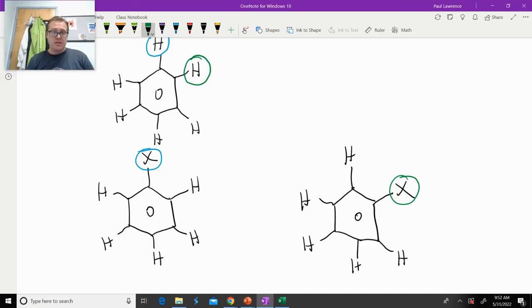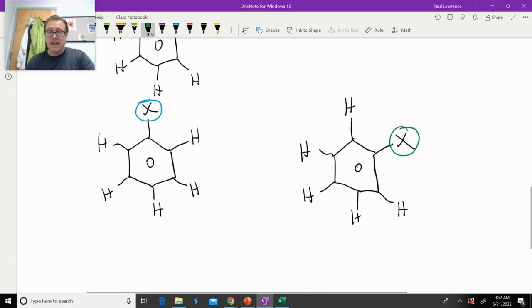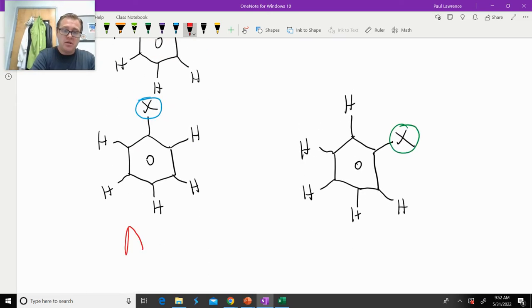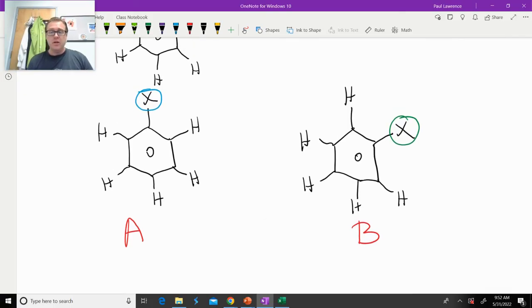Now we ask ourselves, what is the relationship between these two molecules? I'll say that's molecule A and that's molecule B. You can take either one, A or B, and flip it around or rotate it in any which way to see the relationship between these two molecules. Now look at molecule B. What if I took molecule B and just rotated it?